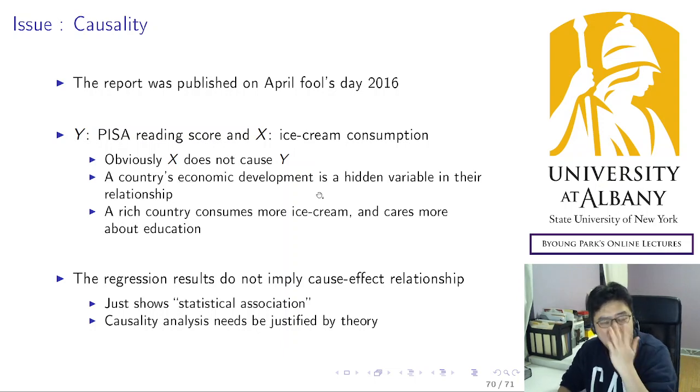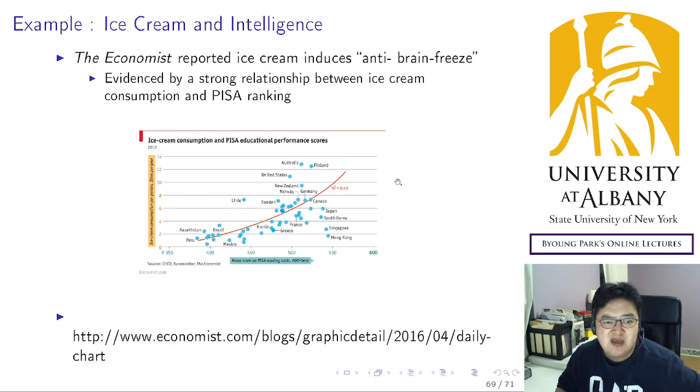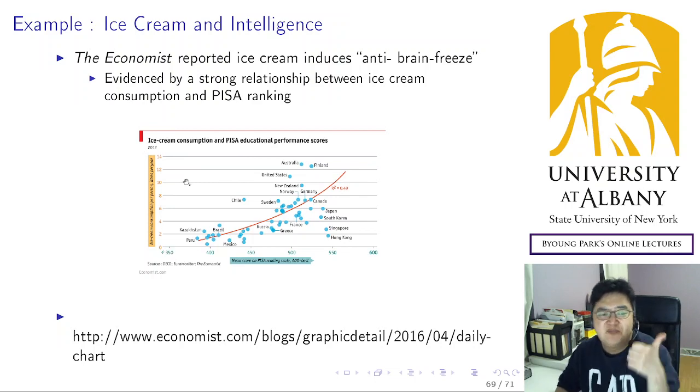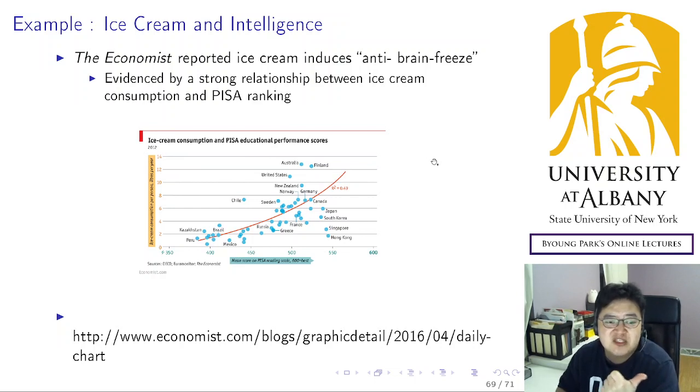Think about, for example, GDP per capita. The GDP per capita will have a very strong correlation with reading score.